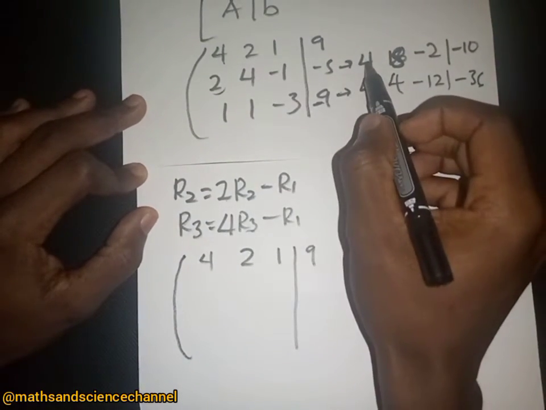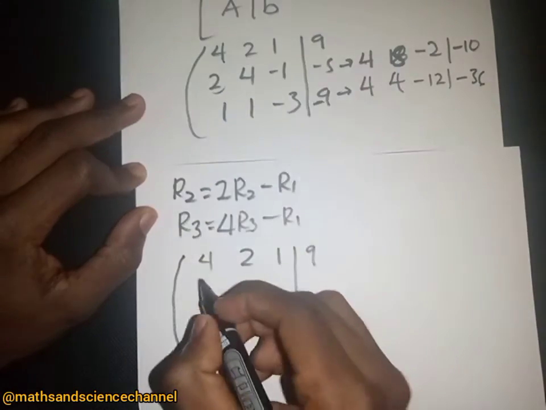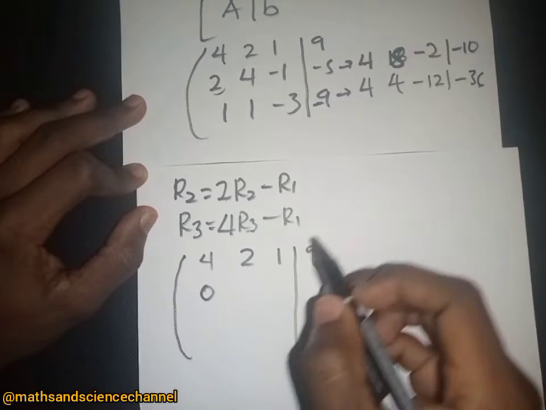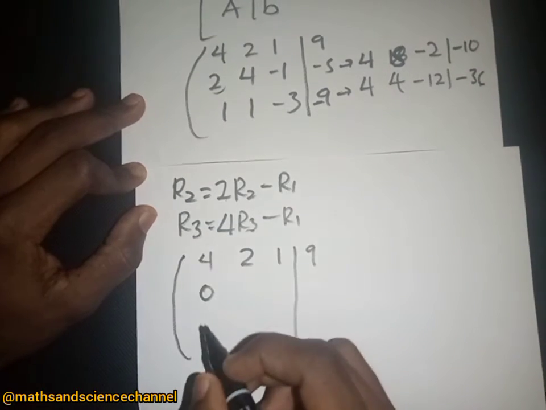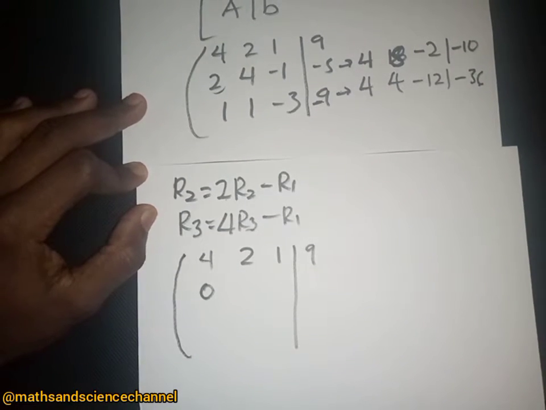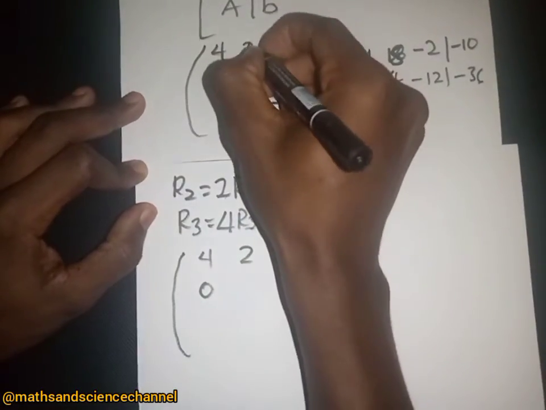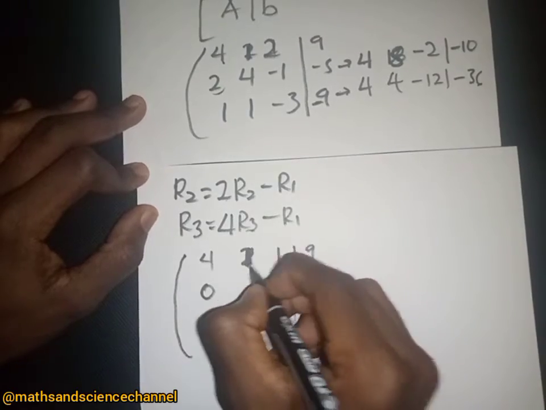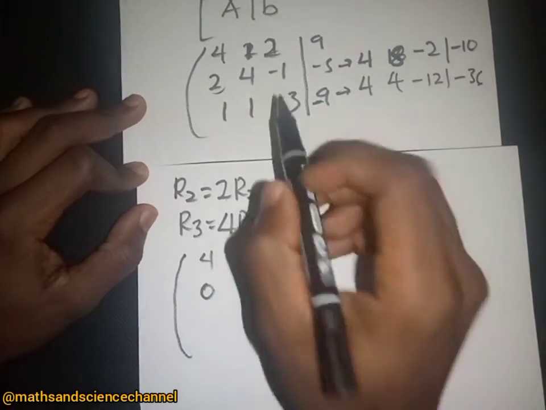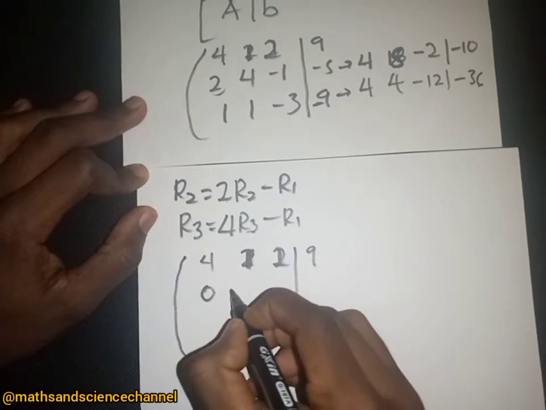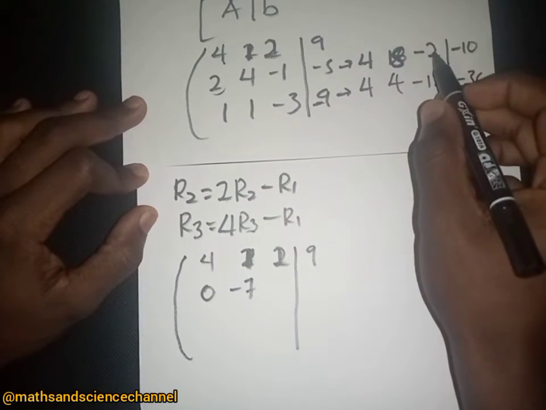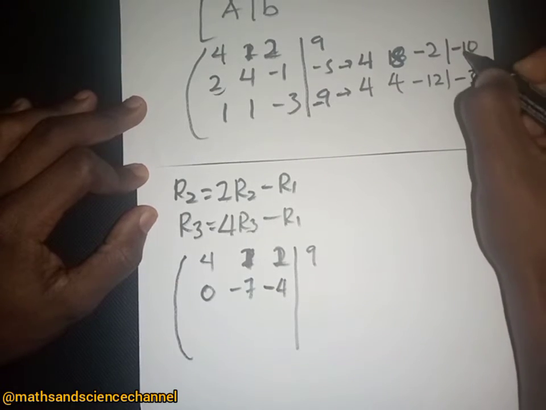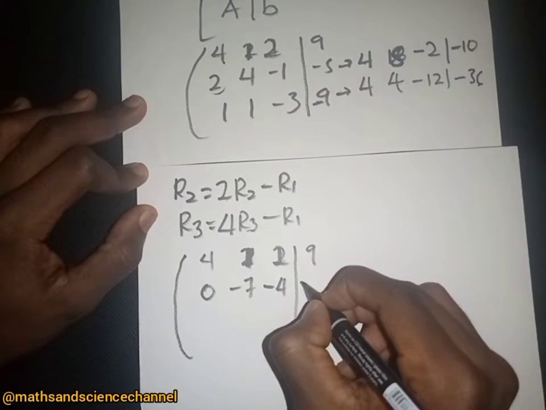The second row will be 4 minus 4 gives us 0, then 8 minus 2 gives us 6, then 8 minus 1 gives us -7, then -2 minus 2 gives us -4, then -10 minus 9 gives us 19.